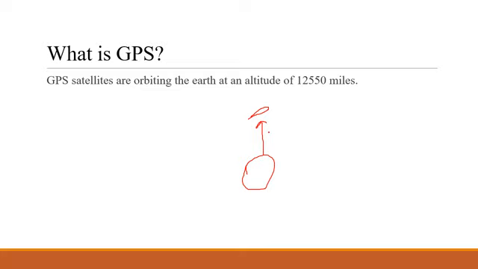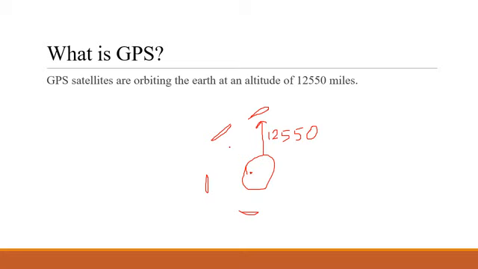So this is a huge height, which can be seen from the Earth's surface. This is why it covers a lot of area easily and can show the position of any object, or trace any object easily.